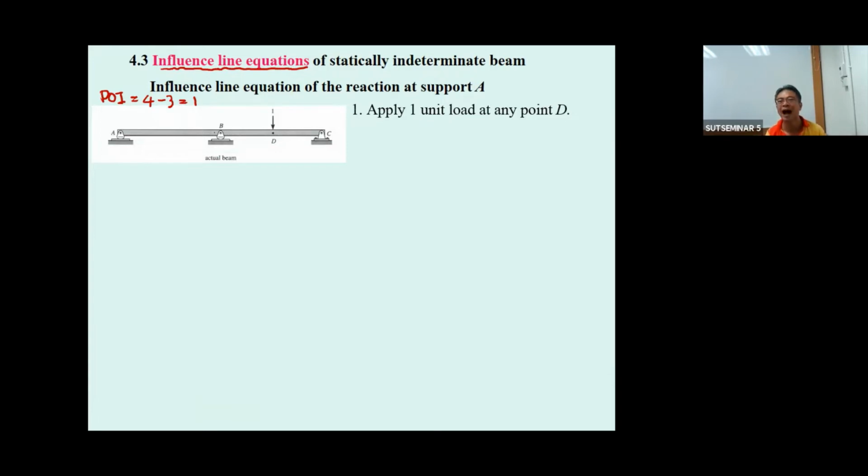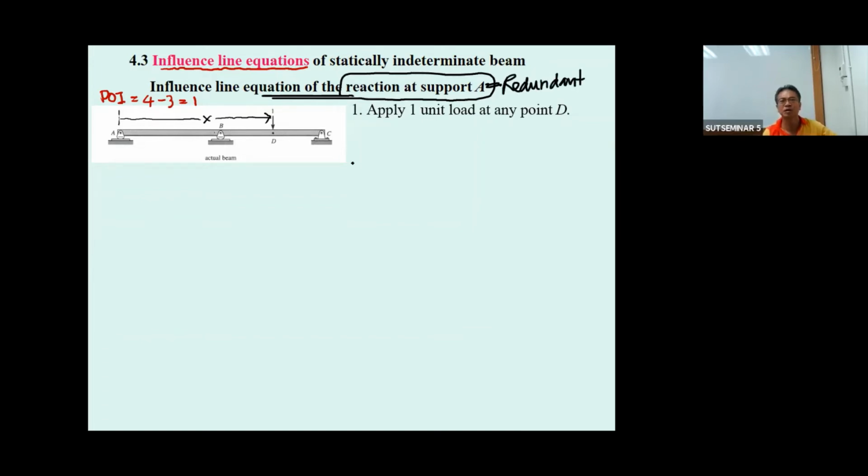Now, when you have a beam, you just set up the 1.0 unit load at any point D that may have the coordinate of x from the point A. And since this one is statically indeterminate with degree equal to 1, you got to set the reaction at point A to be the redundant. Okay, must make it as the redundant.